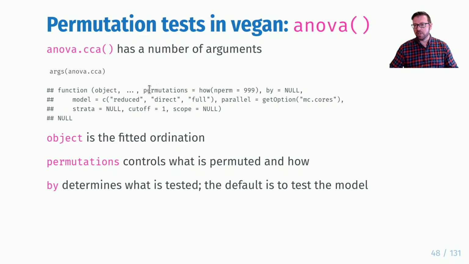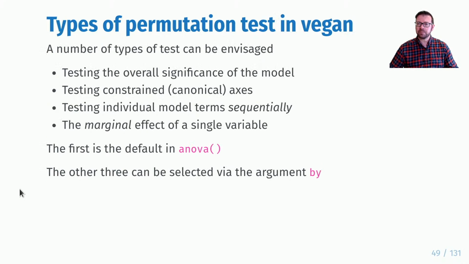And by default, it's doing 999 random permutations. And then the other key thing here, the argument I said before, I thought it was method. It is actually model. Okay, so you can control whether you permute under the reduced, the direct, or the full model. And then by determines exactly what we're going to test. And I'm going to explain what the different bys are now.